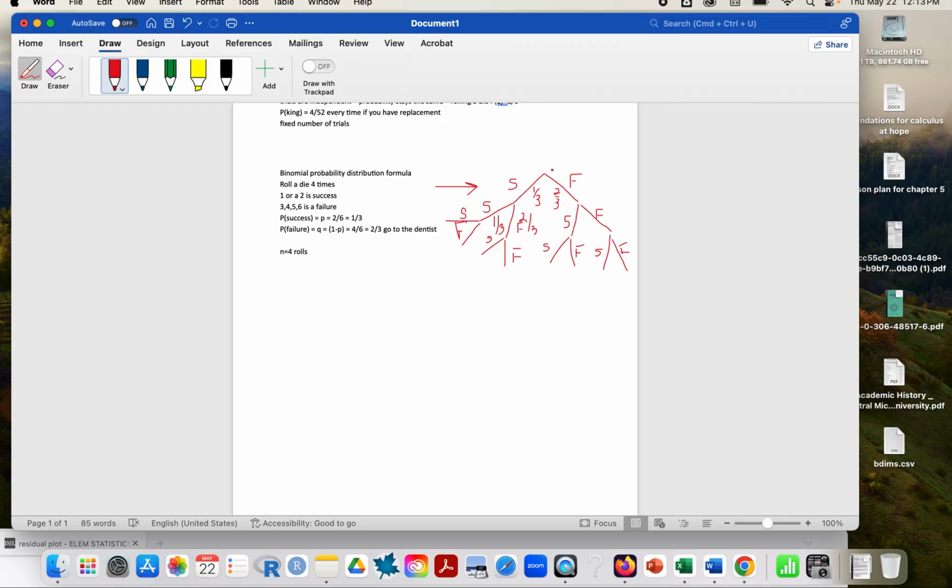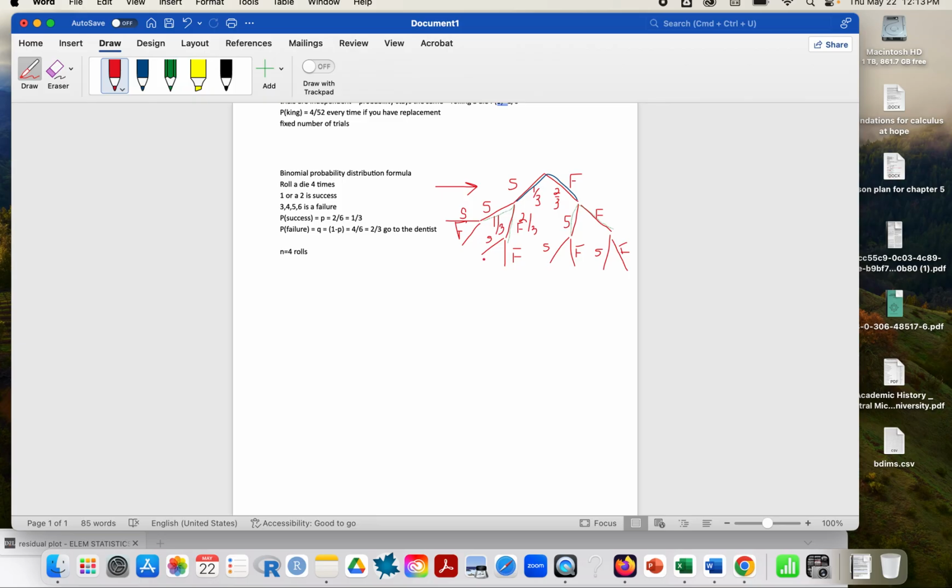Remember, I'm going to do this in colors. This V here is our first layer, and this set of V's, in a lime green kind of color, represents our second roll, but we're creating all the things that happen. So again, success, success, success, failure, failure, success, failure, failure.